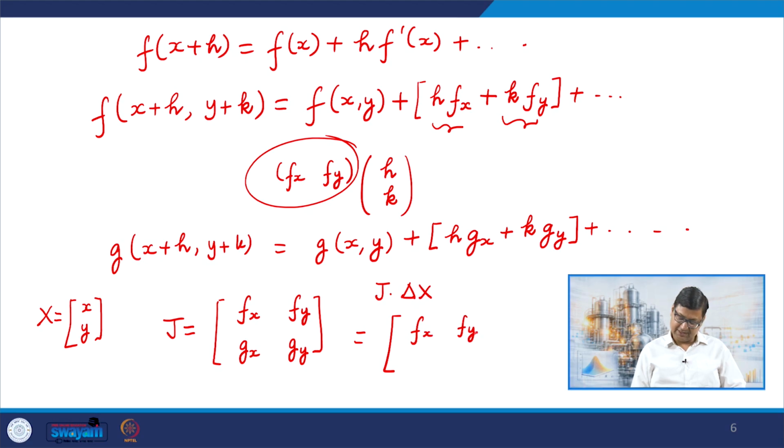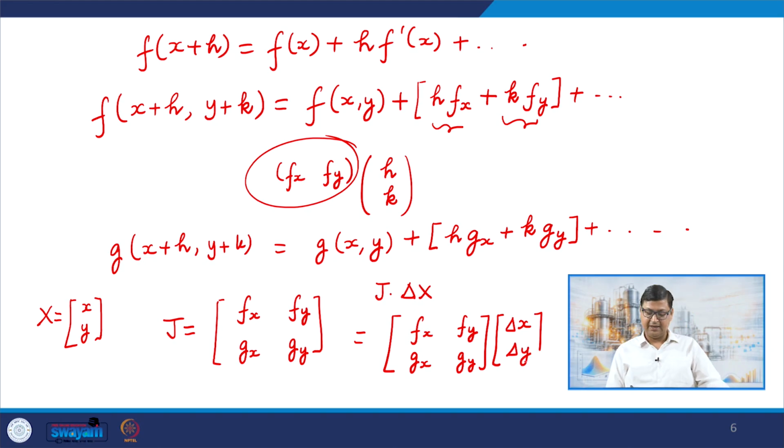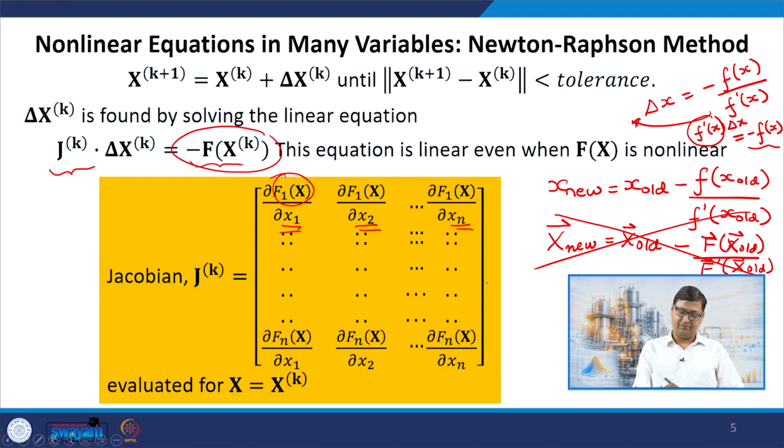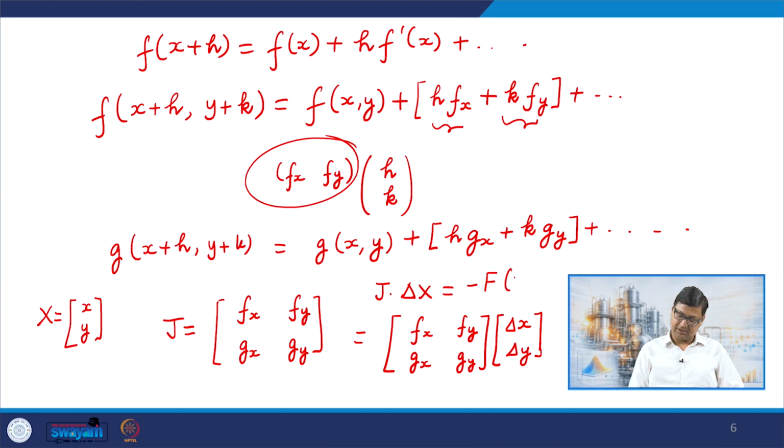fx, fy, gx, gy times delta x, delta y, and that I am setting equal to minus f of x, and that is equal to minus of f and g, right?